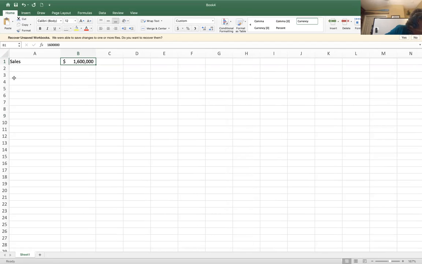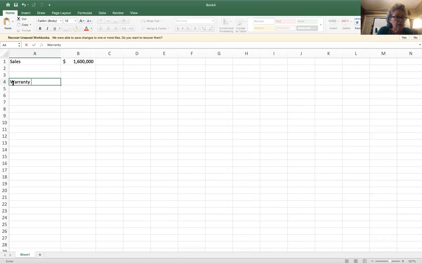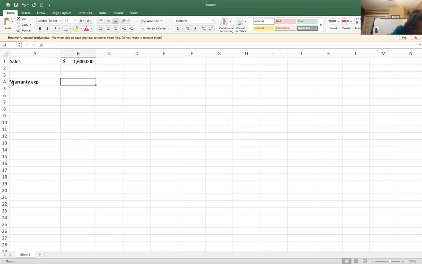And they estimate that warranty expense will be 2% of their sales. So these were sales in 2021.